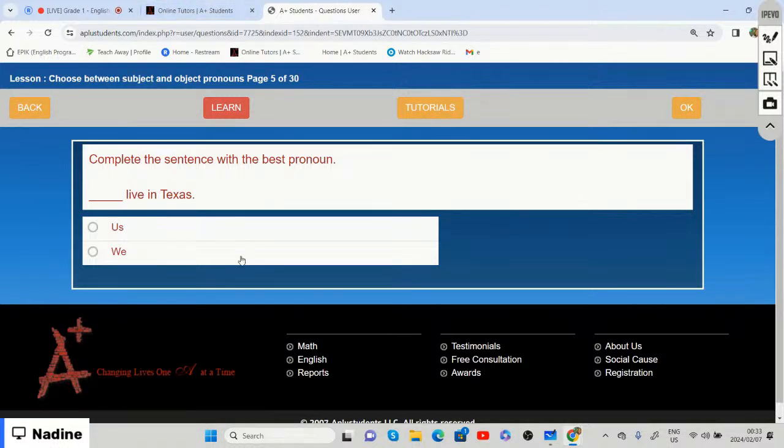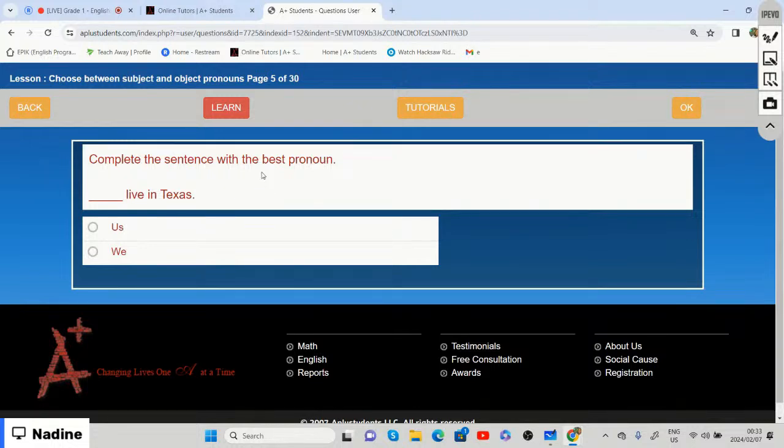And lastly, we need to complete the sentence with the right pronoun.